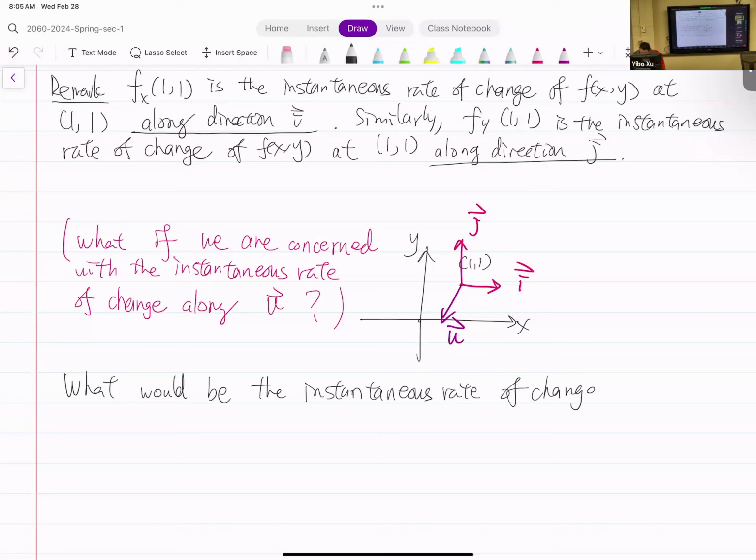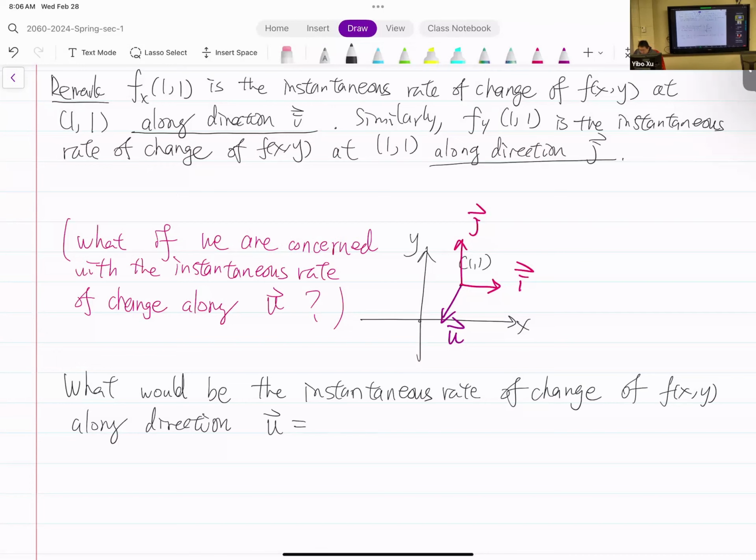So we just need to put down the question a little bit more openly, but still it's following along the same form of the previous questions. Okay, so it's the instantaneous rate of change of the same function f of x, y along direction, so now we need to put down u. Okay, so u is, of course, lying within the xy plane.